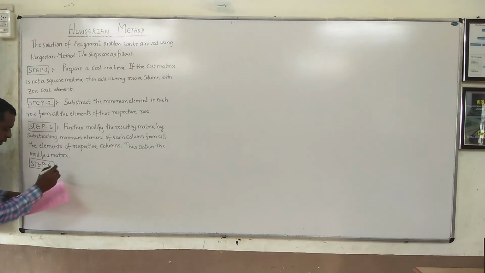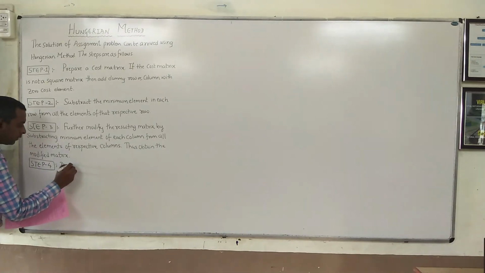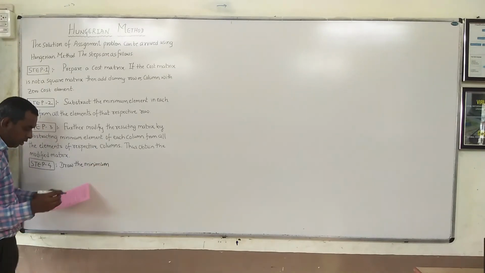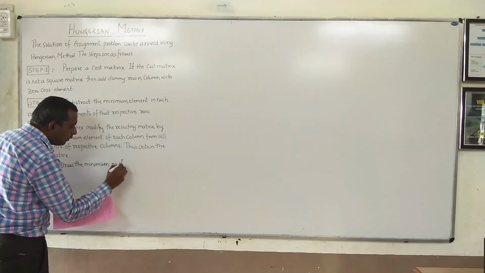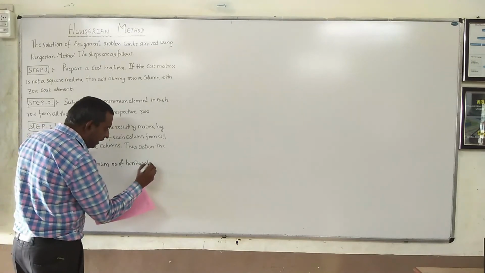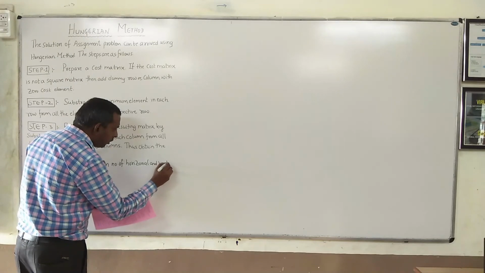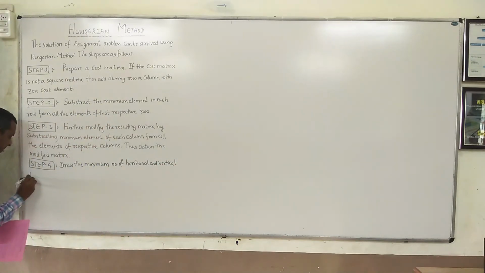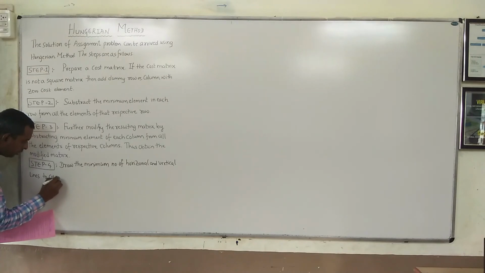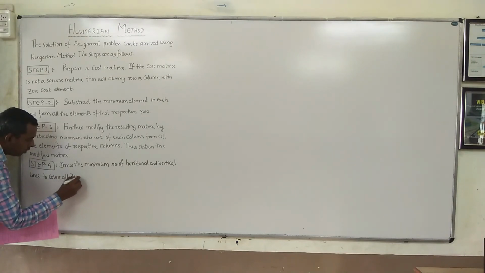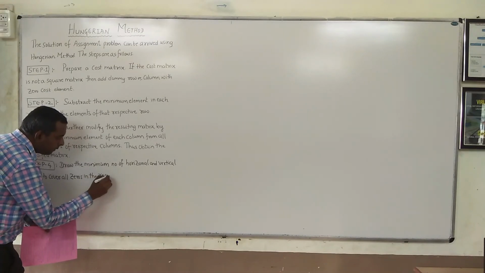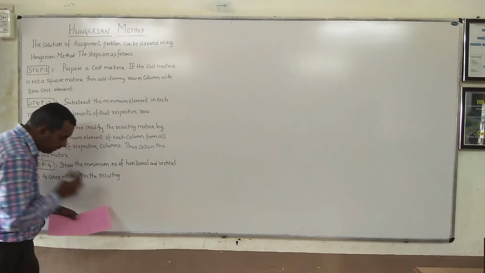Fine. So step number 4, draw the minimum number of horizontal and vertical lines to cover all zeros in the resulting matrix.